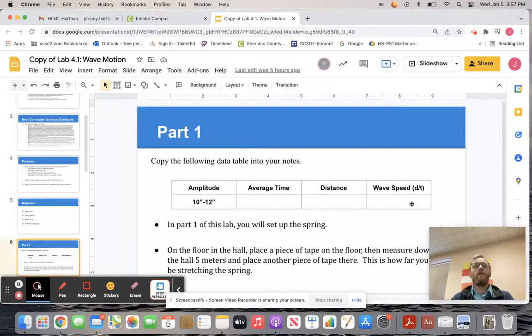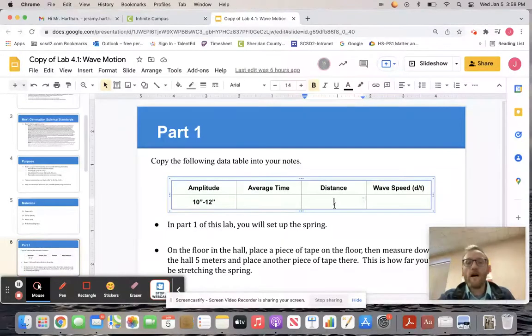On this first part, we are going to do what's called a pulse wave. If you remember from the previous class, a pulse wave is where we pull the spring, let it go, and it sends a wave down to our partner and comes right back. We're going to time how long that took. As far as your data goes, our partner was 5 meters apart.